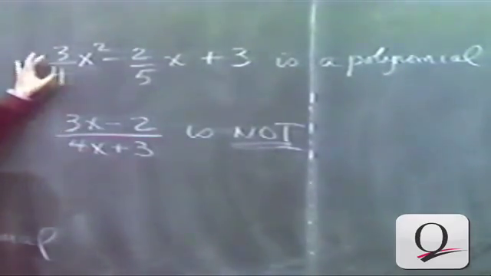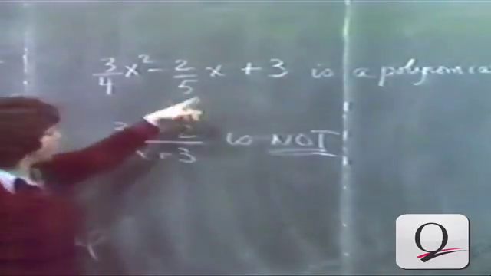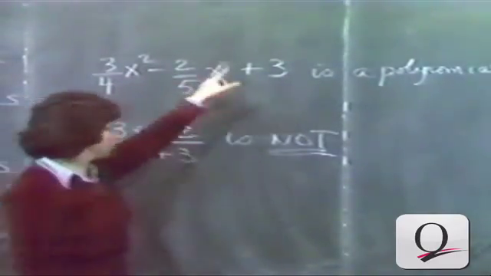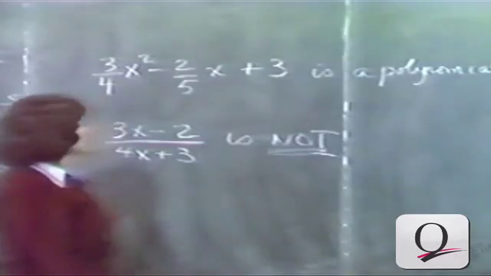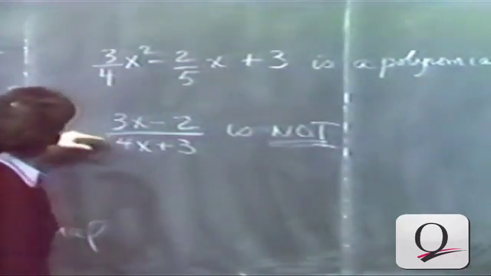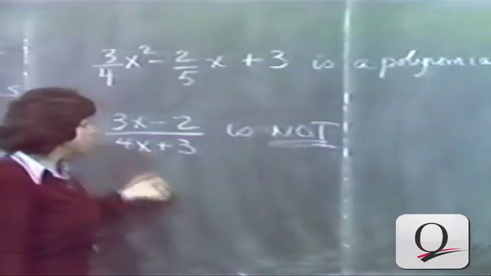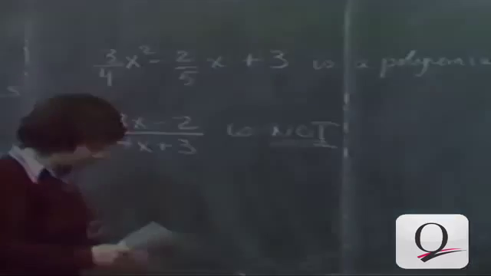The first could be thought of as the constant 3/4 times x, take away the constant 2/5 times the variable x, plus the constant 3, using addition, subtraction, and multiplication on constants and variables. The other involves division, division by a variable. This is not a polynomial.